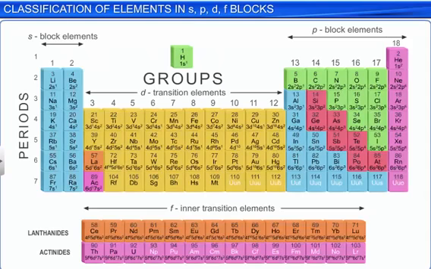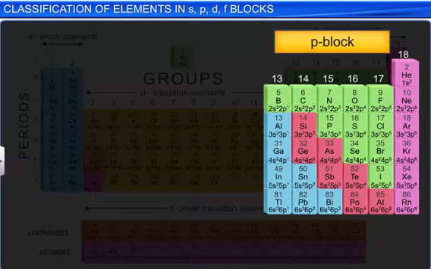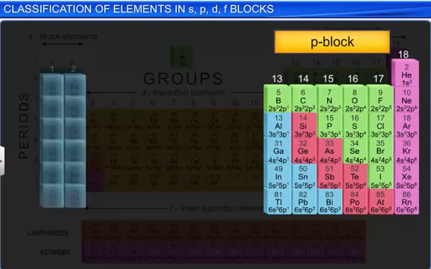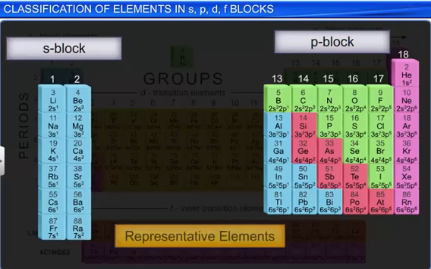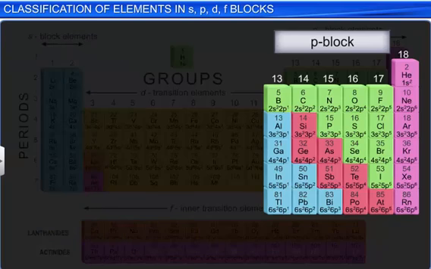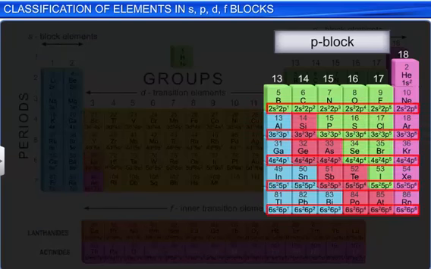Now let's discuss the properties of the p block elements. The elements of group 13 to 18, situated at the right side in the long form of the periodic table, belong to this block. The p block elements, together with the s block elements, are called the representative elements or main group elements. The p block elements have their last electron entering the p orbital.